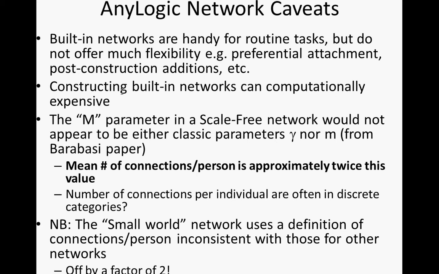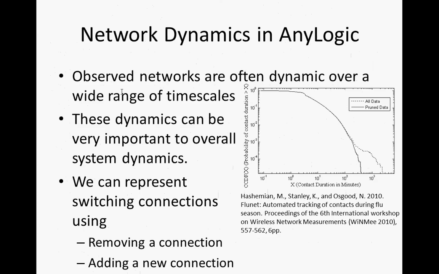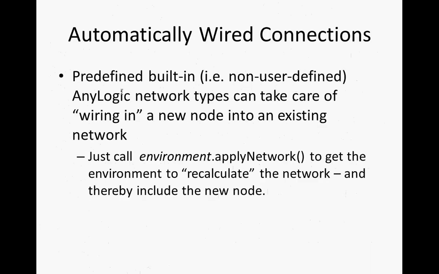Right, and we'll talk a little bit next time, I think, about some of the network dynamics in AnyLogic's environment, or how networks can be applied. So if you have a changing population, for example, people coming into the population in a distance-based network, you can call environment.applyNetwork to get it to recalculate the network and include the new node.